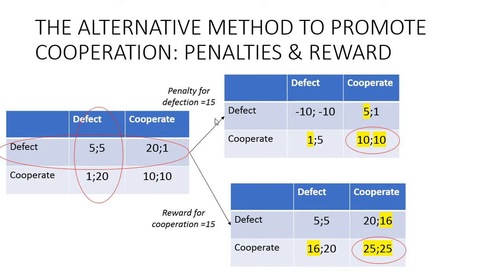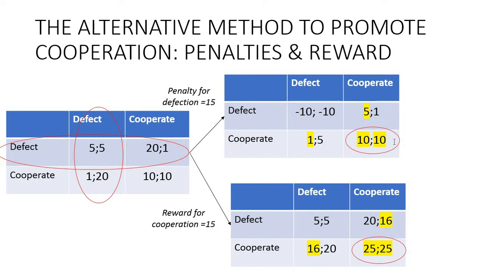So each party which decides to defect will lose 15 units of something, 15 units of utility, let's say. So then, instead of 5, 5, we have minus 10, minus 10. Instead of 20, we have 20 minus 15 for the defecting party, analogously here.